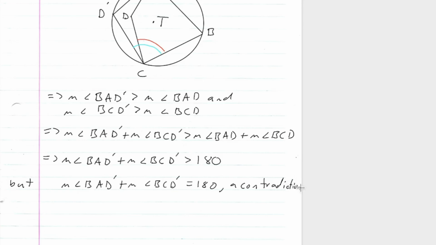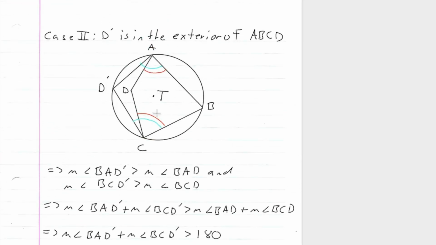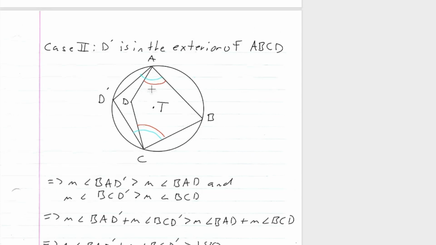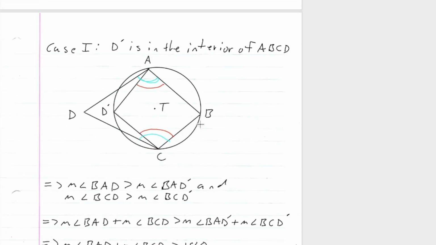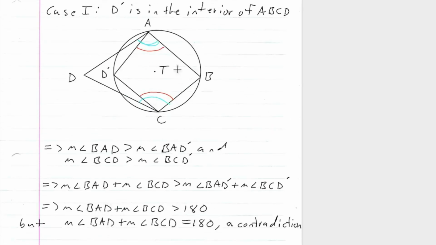So in both cases, when D prime was in the exterior of ABCD and when it was in the interior of ABCD, it led to a contradiction. So that means D and D prime cannot be different points, right? D must be a point that lies on this circle T, the circle containing ABC.